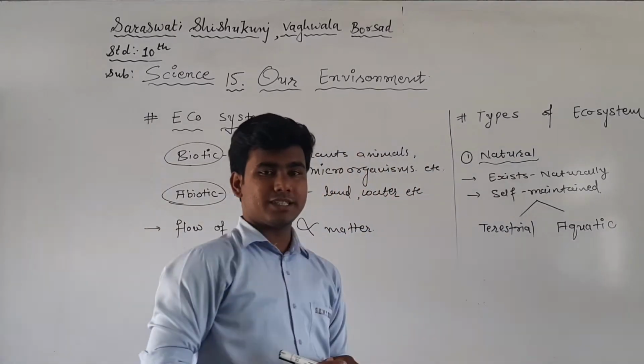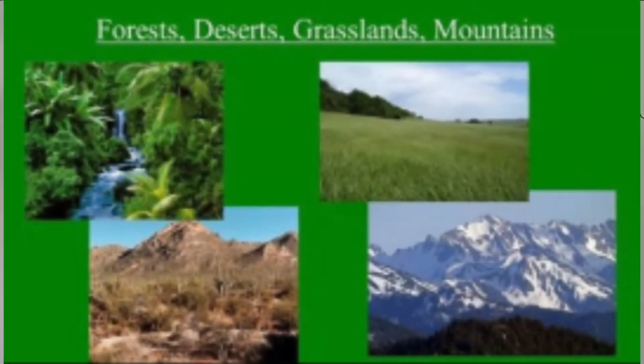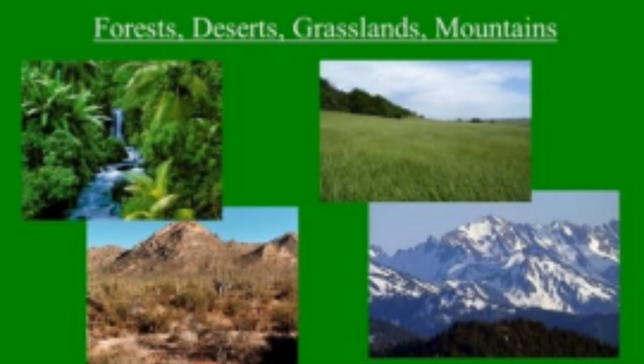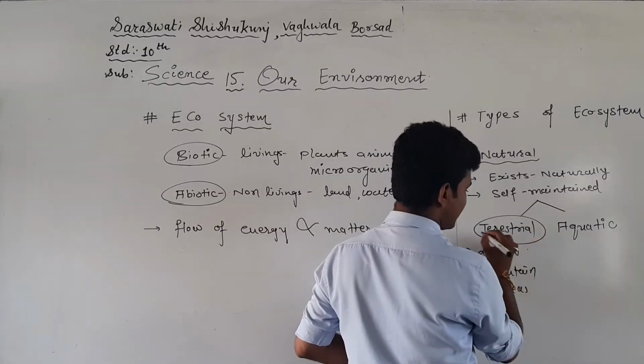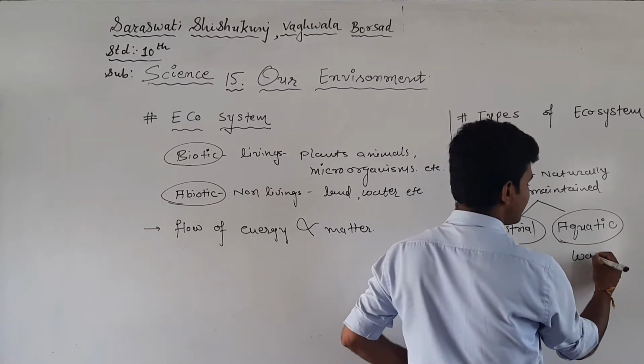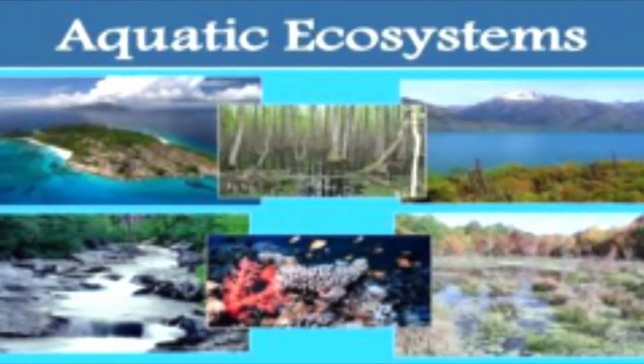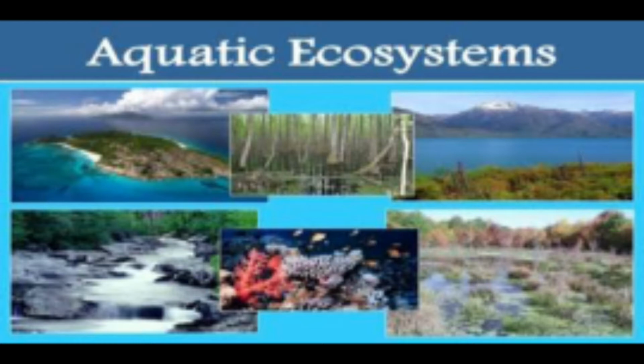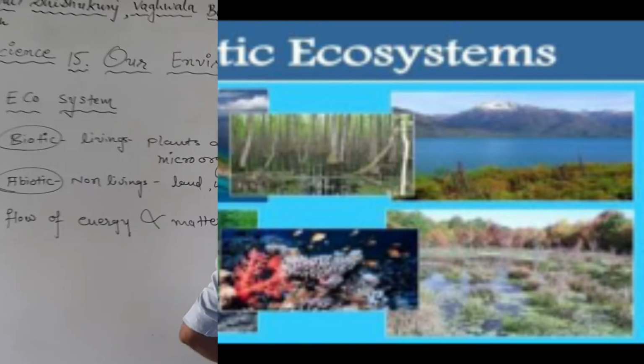In terrestrial ecosystem, which is related to land, so suppose we can say desert, right? Different mountain areas, etc. will come in our terrestrial ecosystem. While in aquatic ecosystem there will be different water bodies, ponds, lakes, etc. Right?